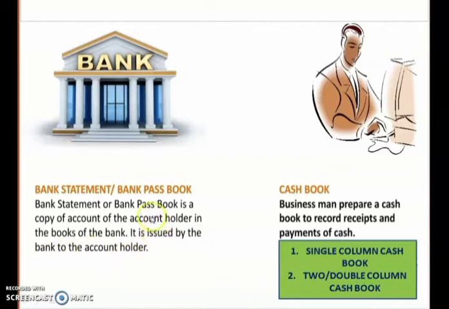So a businessman, maybe he is having an account in this particular bank. So the bank will issue him the passbook. It is in the passbook that all the entries related to that business will be entered. So the bank issues this passbook to the account holder.